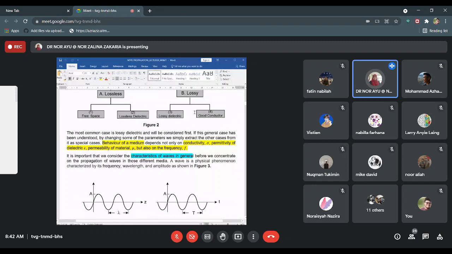how we see the signal or the wave travel depends on the parameters involved in all these mediums.